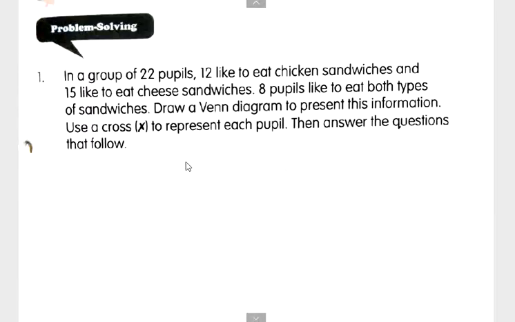So there are 22, 12 like chicken sandwich, 15 like cheese sandwich, 8 like both. Then draw the Venn diagram.